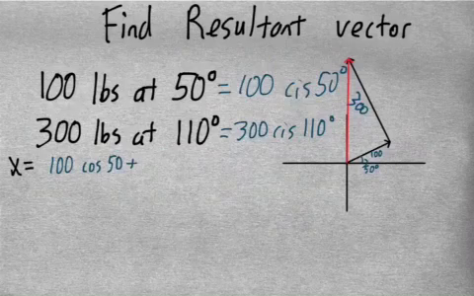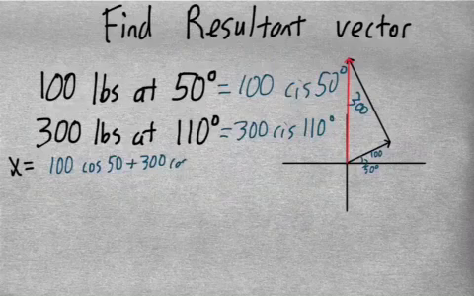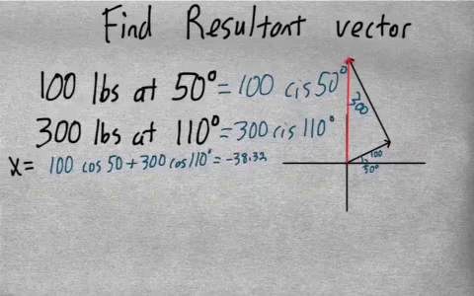X is going to be equal to the x component of the first one, 100 cosine 50, plus the x component of the other, 300 cosine 110. I'm going to type that in my calculator, and my red x component will be negative 38.32. And then for the y components, it's going to look exactly similar.